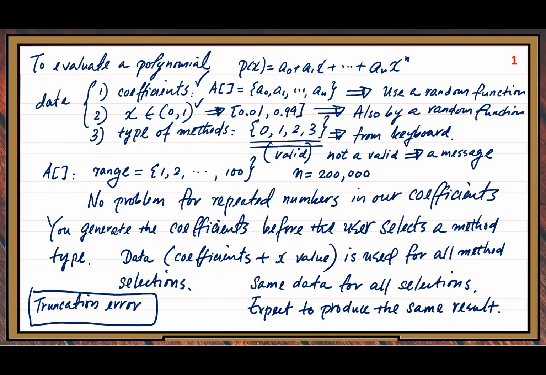So that is this one. Although from my side, I won't test you on this point. For me, I only enter 0, 1, 2, 3. I do not check other garbage input.